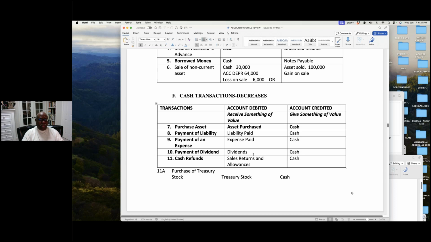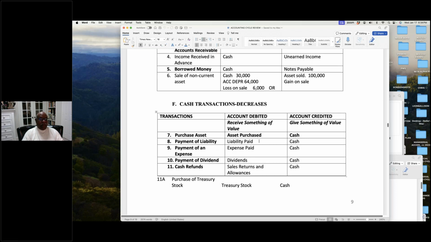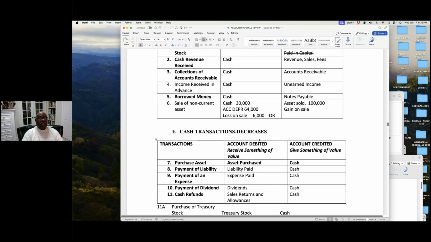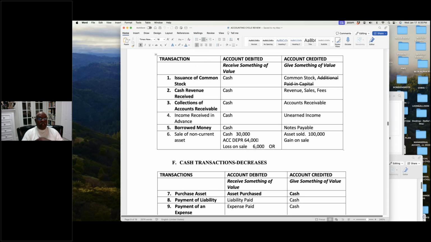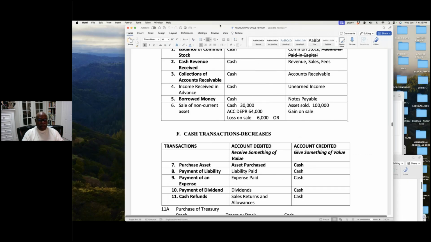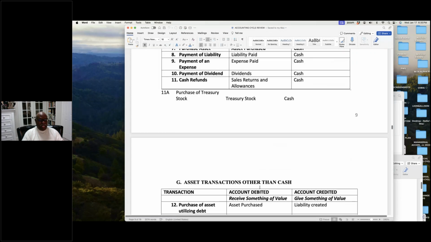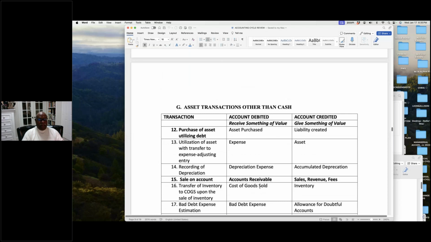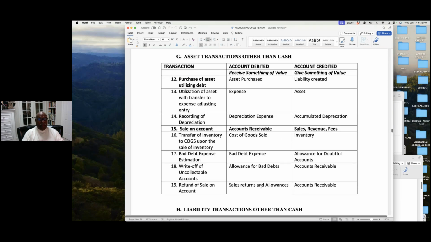Now, when you make journal entries, either cash came in, and it's got to be a 1 through 6. So when you analyze the transaction, you're seeing if it's a 1 through 6, or if you pay something out, you're looking at it to see if it's a 7 through 11. If cash is not involved in the transaction, then we have some more asset transactions other than cash.